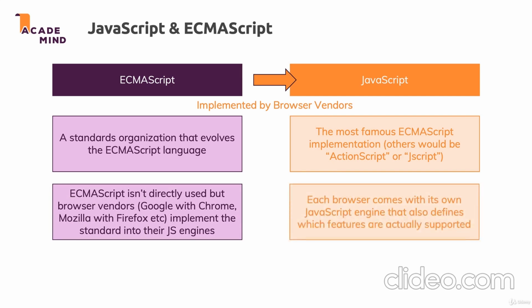Each browser comes with its own JavaScript engine though, and therefore it's each browser and the engine used by the browser which defines which exact features are supported. And actually browsers also sometimes implement certain features at an earlier point of time than they're really finalized in ECMAScript.